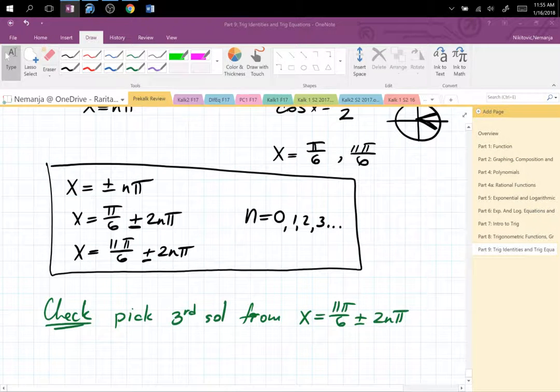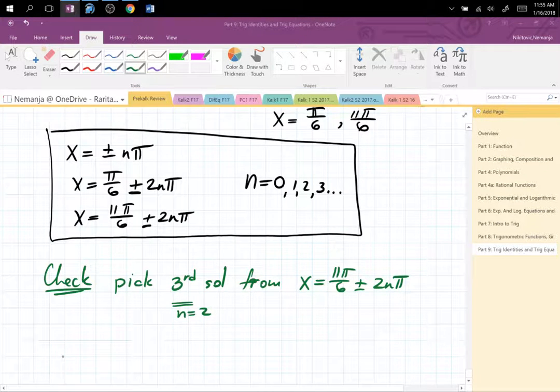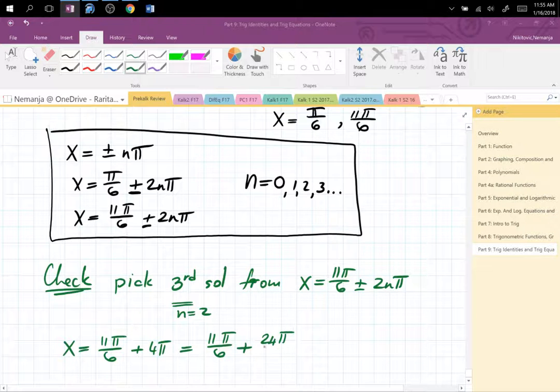So the third solution is n equals 2. So x equals 11 pi over 6 plus 4 pi, which is 11 pi over 6 plus 24 pi over 6, which is 35 pi over 6.